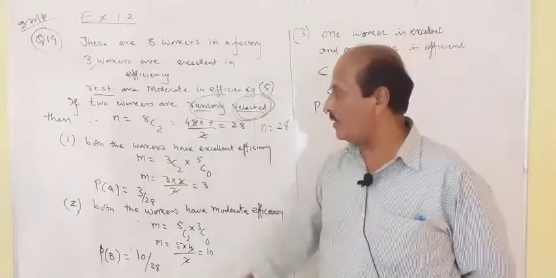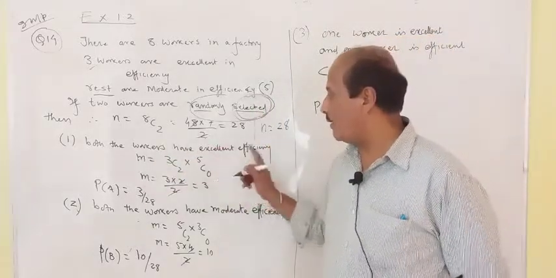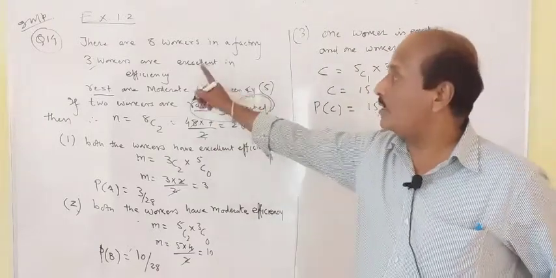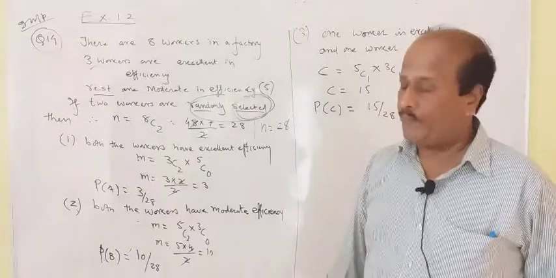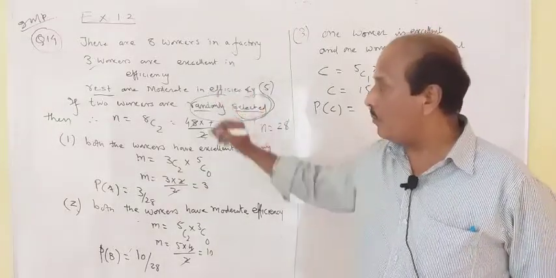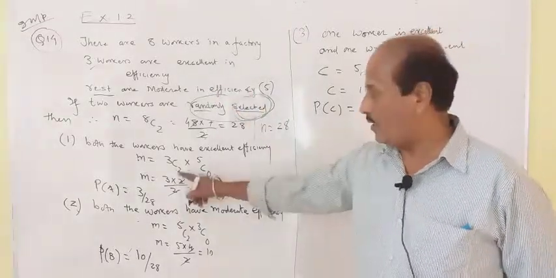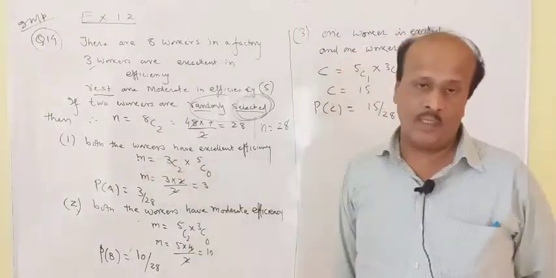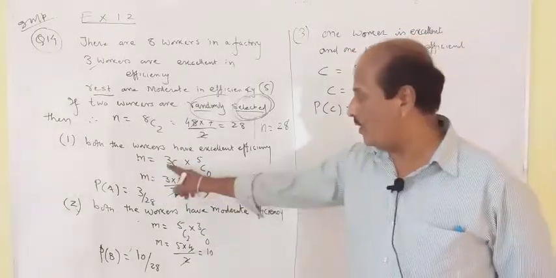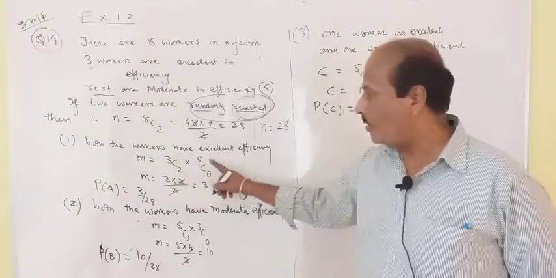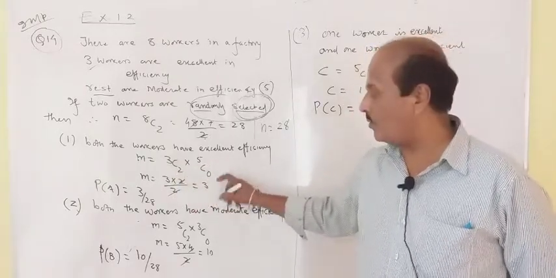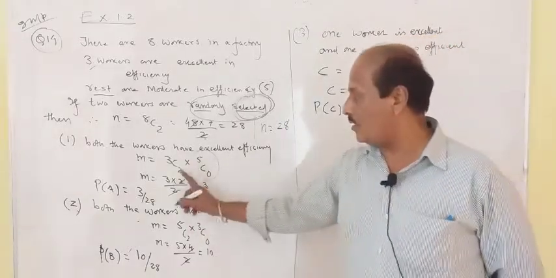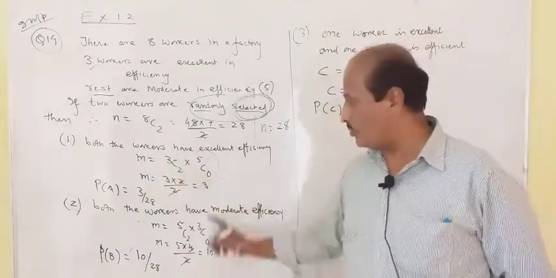Now, the first part is: both the workers have excellent efficiency. How many persons are having excellent efficiency? 3. So from 3 persons we choose both, so 3C2. Now we find M, because the formula is M upon N. So 3C2, and moderate we don't want, so 5C0. 5C0, as I told you in 11th class, is 1, and 3C2 means 3 into 2 divided by 2, so 3.